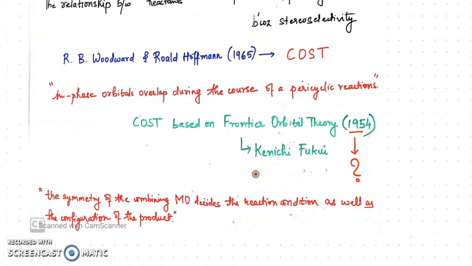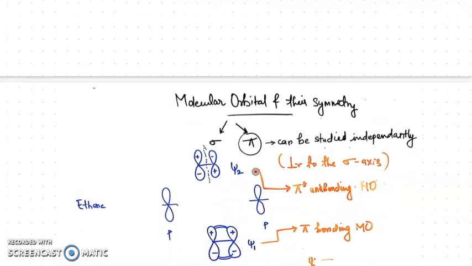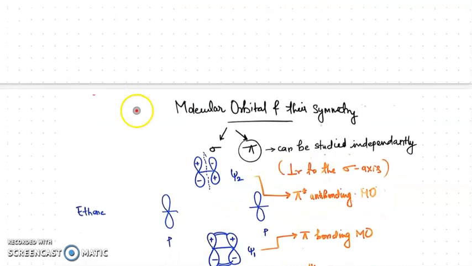pericyclic reactions. Now, in order to understand this theory and apply it to pericyclic reactions, we need to understand molecular orbitals and their symmetry. Molecular orbitals you might have already studied a lot in inorganic chemistry, where we dealt with VSEPR and VBT, and then the molecular orbital theory.